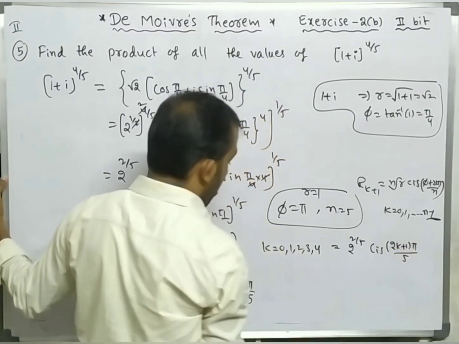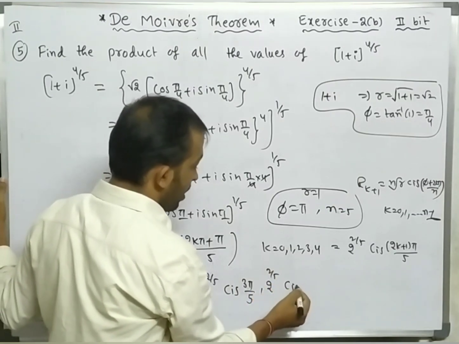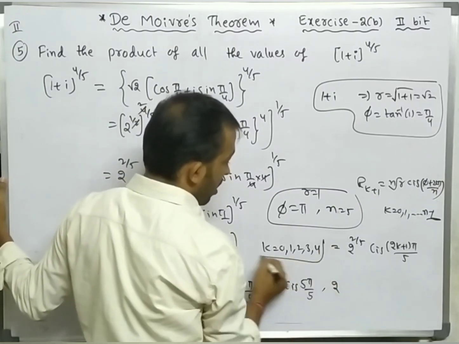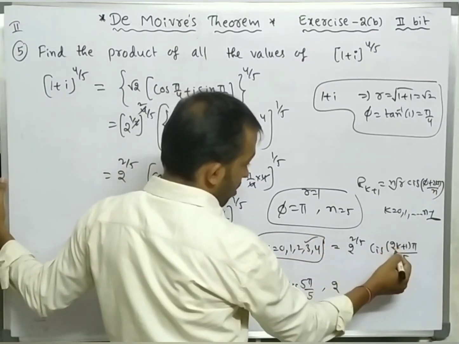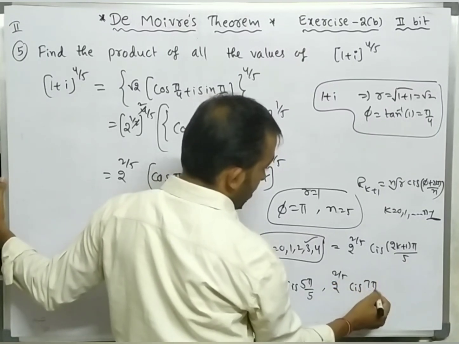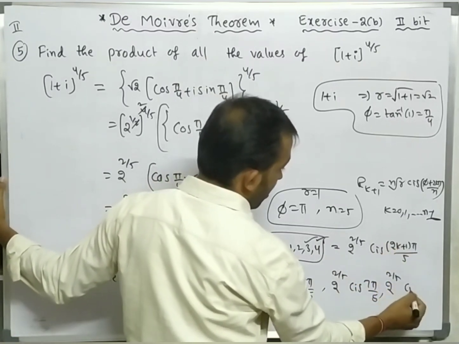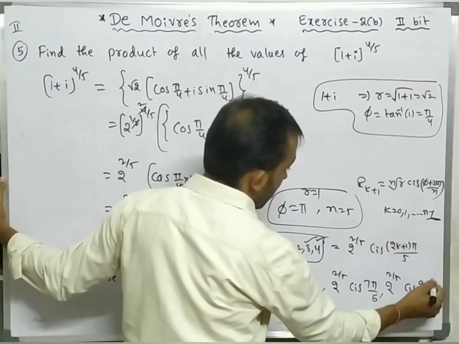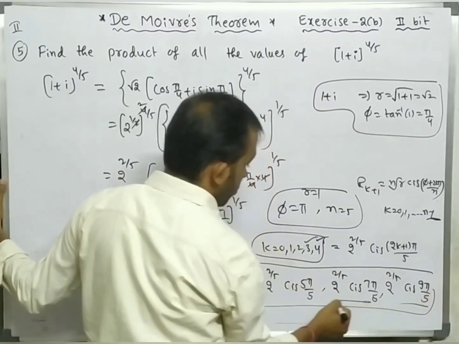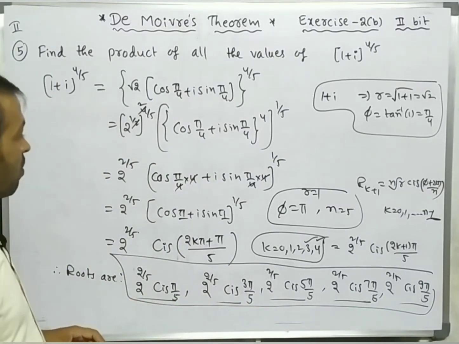So that is an odd multiple: 2 power 2 by 5 cis of 5 pi by 5. Next, by taking 3, 2 power 2 by 5 cis of 7 pi by 5, and the last, 4, means 2 power 2 by 5 cis of 9 pi by 5. So these are the 1, 2, 3, 4, 5 roots of the given equation.